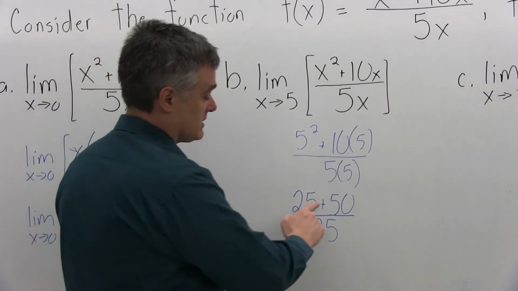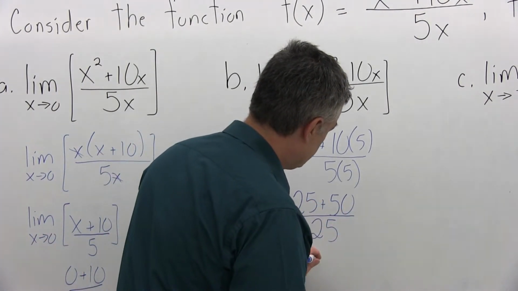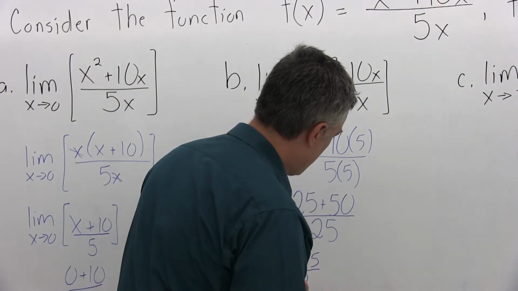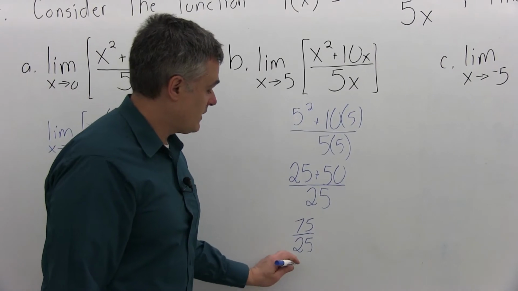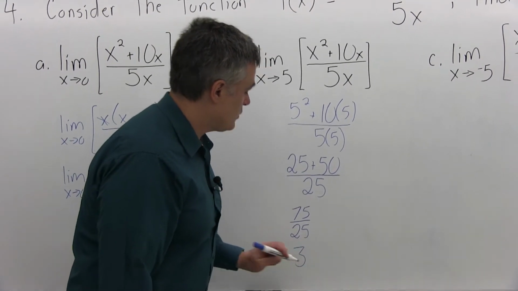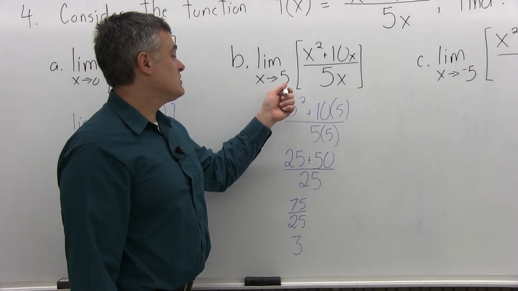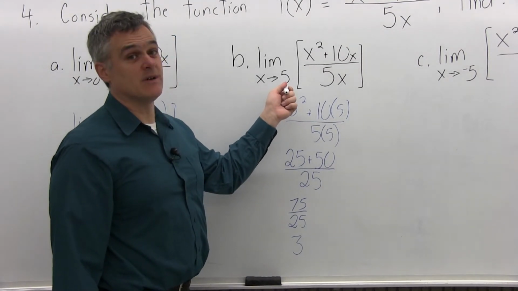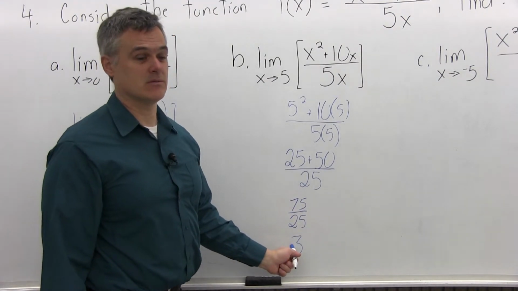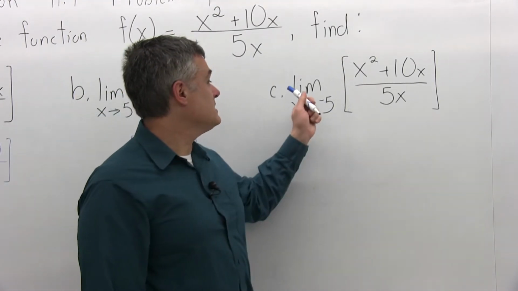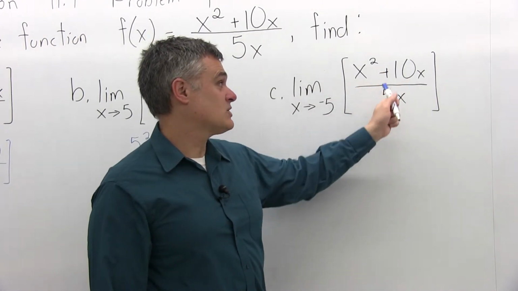But I cannot because it's a plus. 25 plus 50 is 75. And I have 25 underneath. Now I can reduce 75 over 25 reduces to 3. So as I put in input values very close to 5, the output is getting very close to a height of 3.